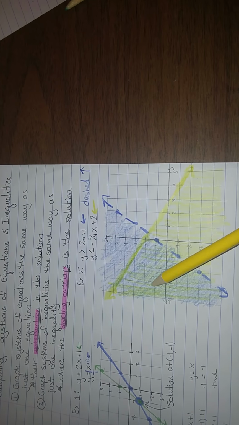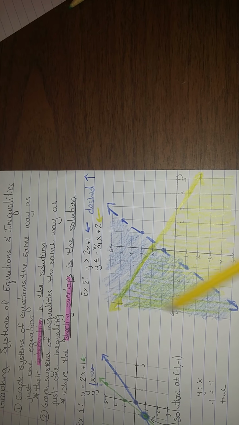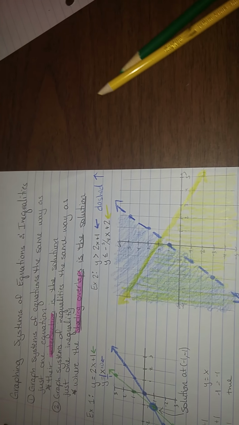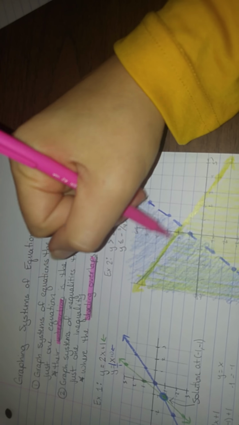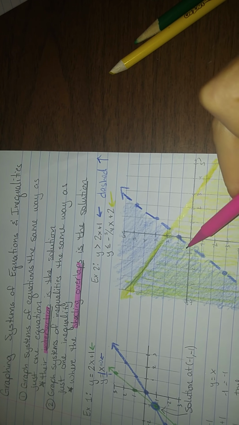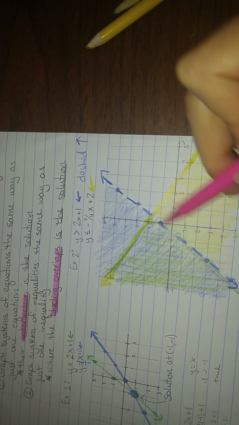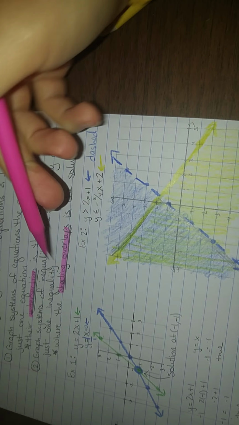And you can see the part that is blue and yellow is right here. So all of this area is the solution. So everything from this solid line to this side of the dashed line. The dashed line is not included in the solution, but this solid line is.